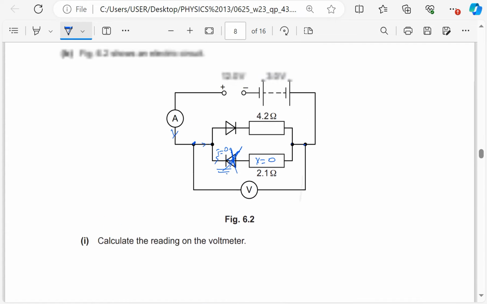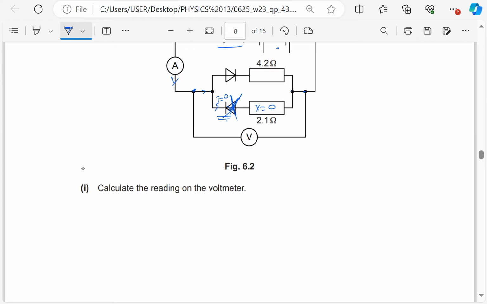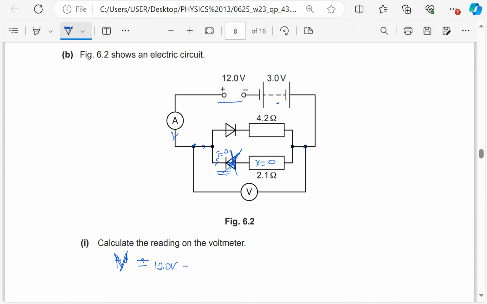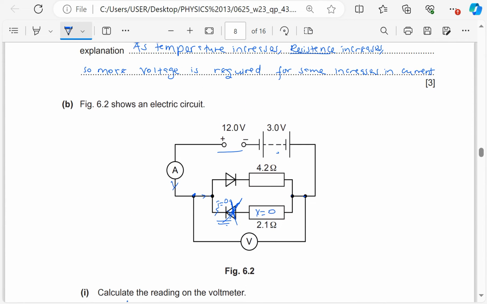Because of the internal resistance here, it is 3 volts and this is 12 volts, so the reading of the voltmeter, let me just call it V, is going to be equal to the EMF, which is 12 volts, minus the PD across the load.